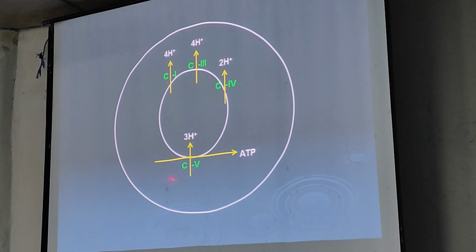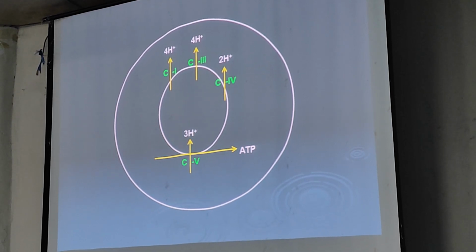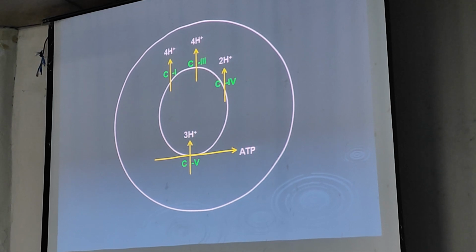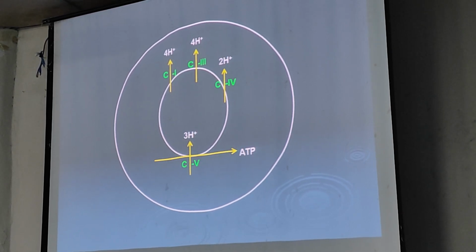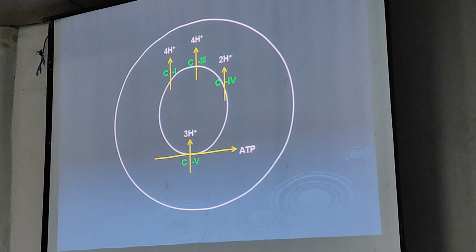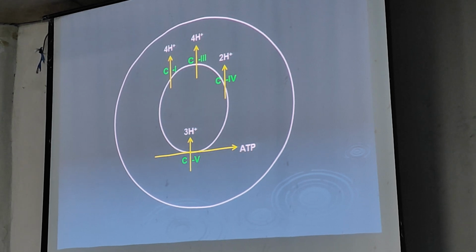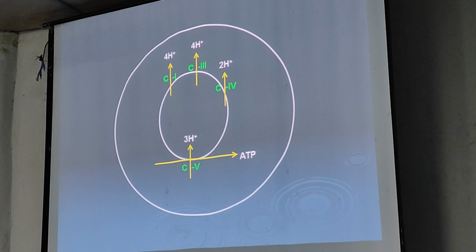So when these protons move from the intermembrane space to the mitochondrial matrix, again by some very complicated mechanism, there is phosphorylation of ADP to ATP. So ultimately there is formation of ATP. So that's the mechanism of how ATP is formed in the respiratory chain. And that is called the chemiosmotic theory. You just remember the chemiosmotic theory, but don't go into detail about it.